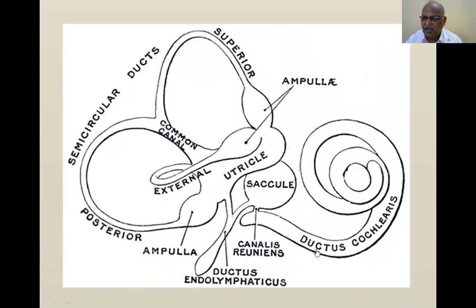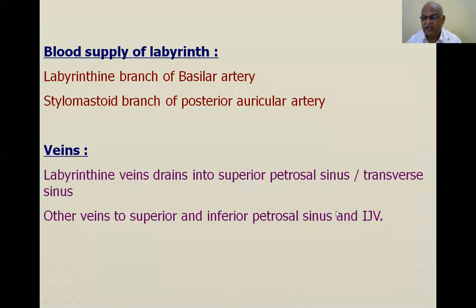Now the cut section of the cochlear duct: above is scala vestibuli, below is scala tympani, and the basilar membrane is there. The roof membrane is also there. Between the roof membrane and the basilar membrane are epithelial cells, modified to form the receptors.